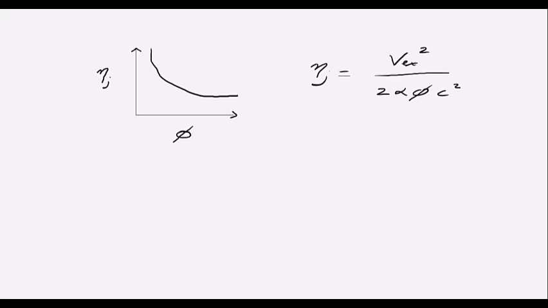And so as a result, it is the case that for a higher value of burn-up fraction, this will imply a lower value of the jet efficiency. And similarly, for a lower value of the burn-up fraction, it will imply a higher value of jet efficiency.